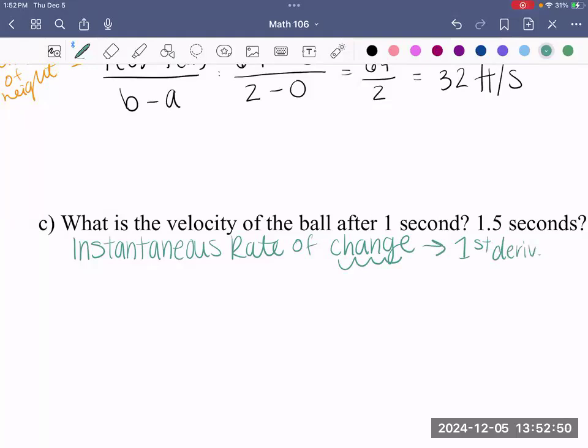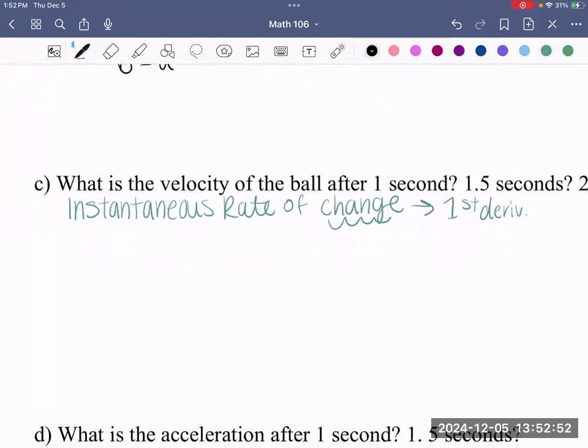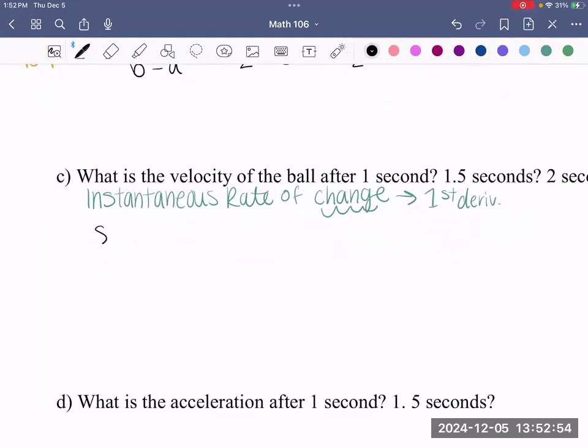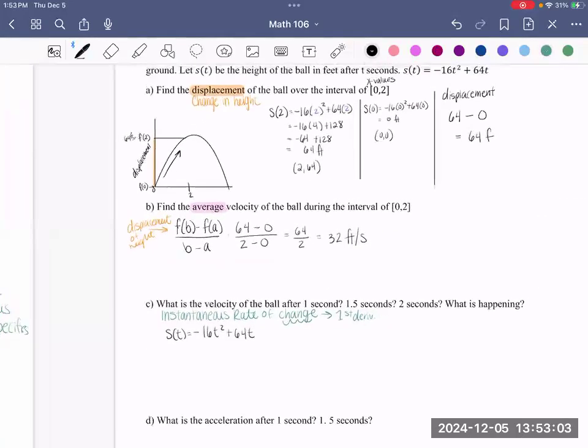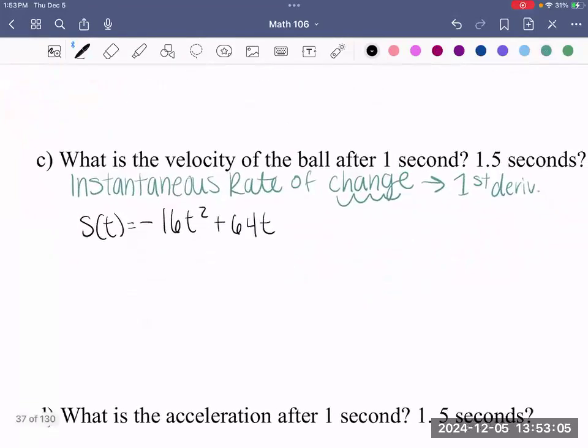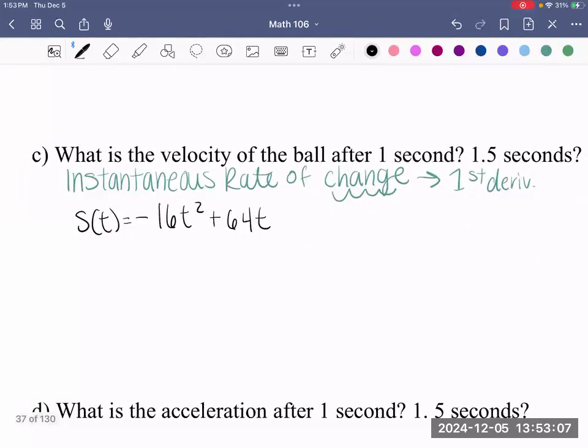We are given a formula: s of t is equal to negative 16 t squared plus 64 t, I believe. Yep. And we want to know, after 1 second, what is your velocity? So first thing we need to figure out is, what is the velocity equation? Well, velocity is your first derivative of s, your position.